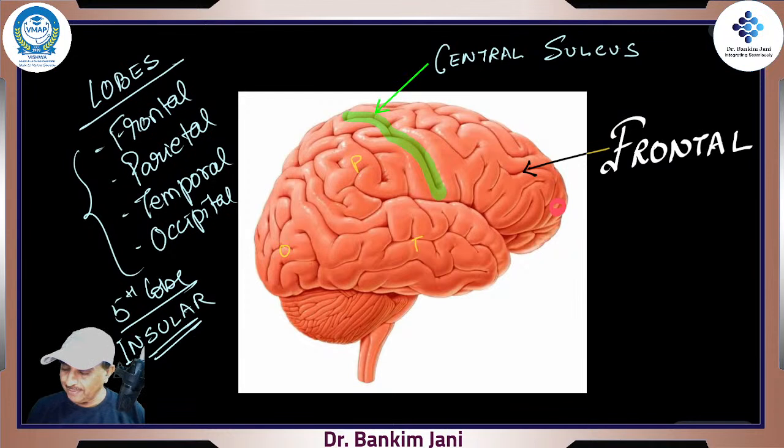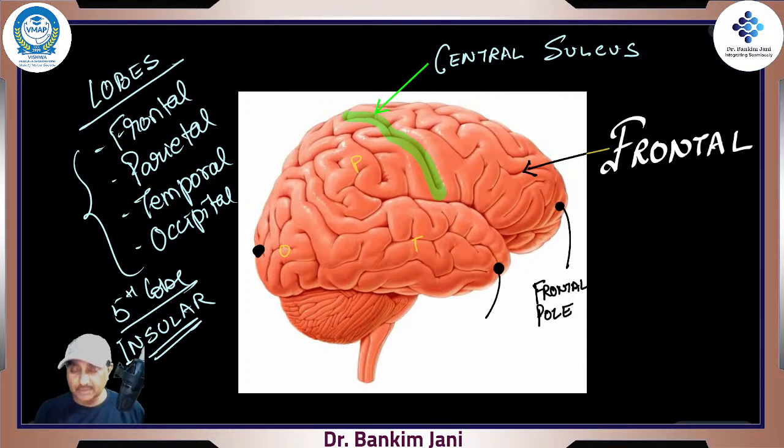See the brain. If you look at the brain, this is a pole. That pole means that's the area which has a proper end. This is the end of the brain. This is another end of the brain. Posteriorly, this is one more end. These are called the poles. So this one is called the frontal pole, because the temporal is like a separate lobe.